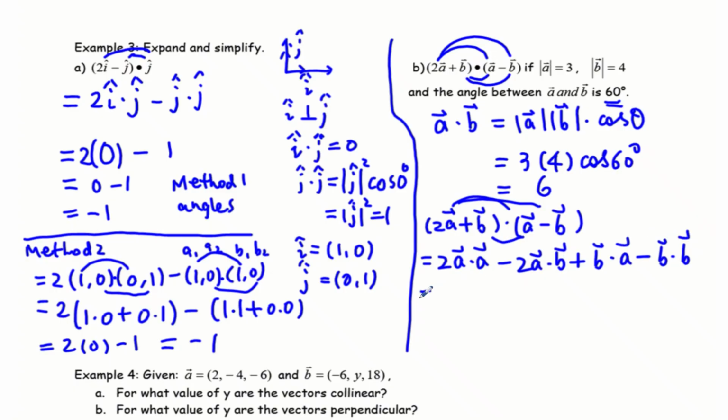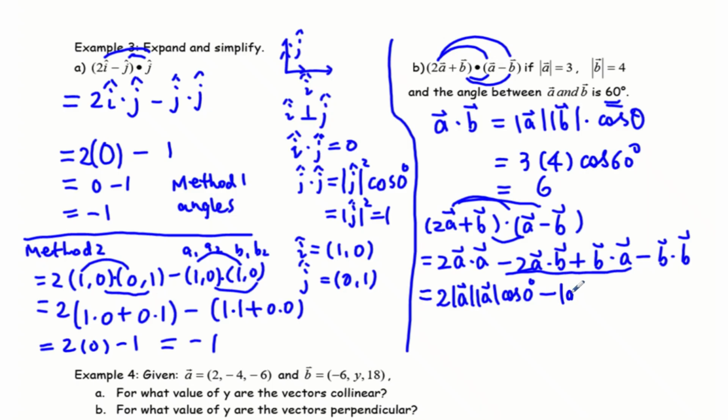The same direction, the angle between these two will be 0. So 2 times a magnitude times magnitude times cosine 0 degrees. These two, they are like terms, will give us just minus a dot b.